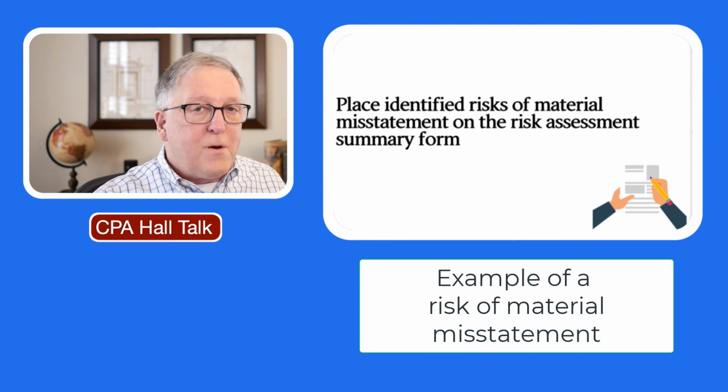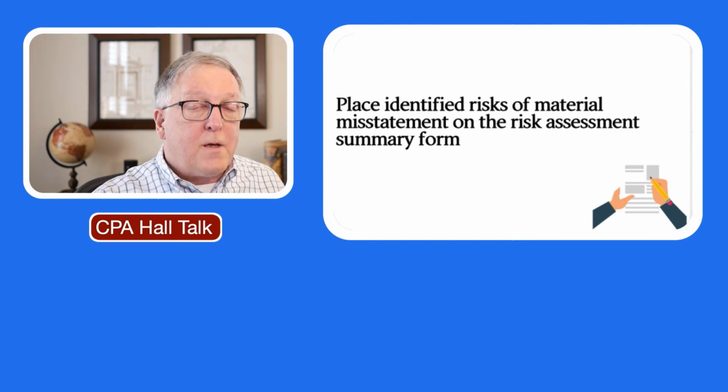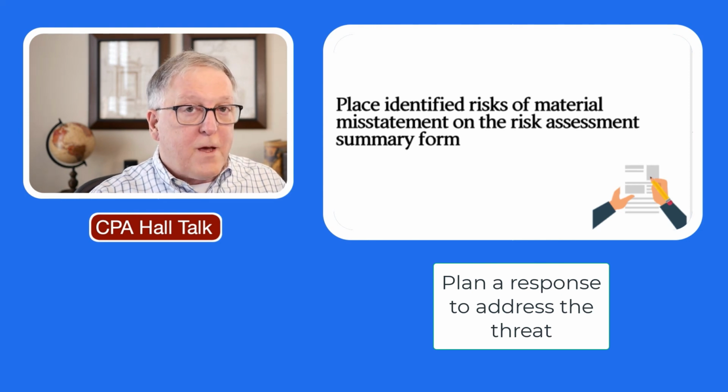Well, that could be a risk and material misstatement, and you would note that on your risk assessment summary form. That way, you could plan audit steps to review the actual consolidation. You might want to reperform that to make sure that it was done correctly.